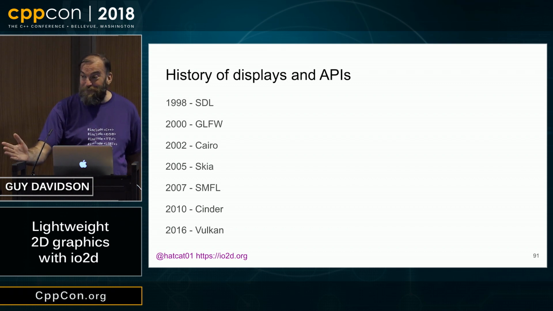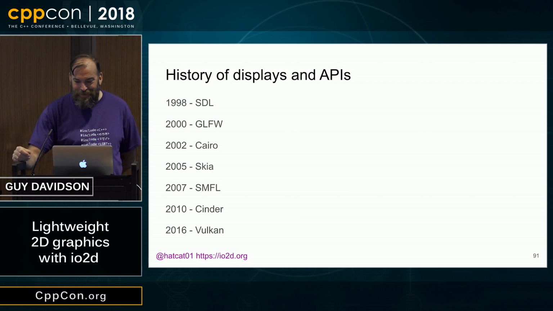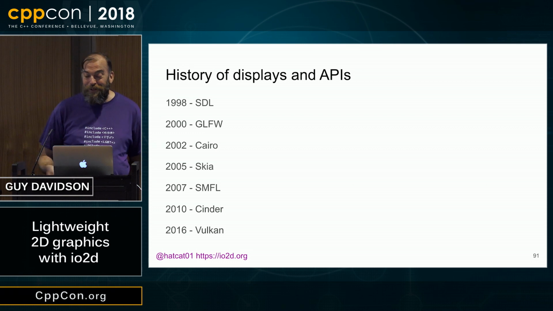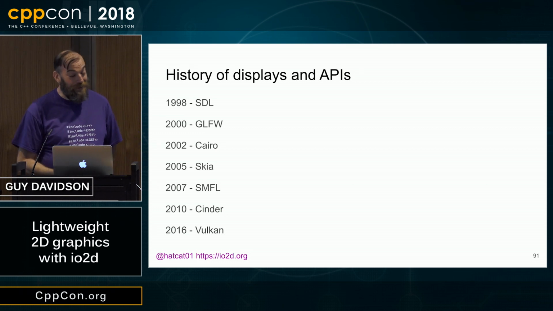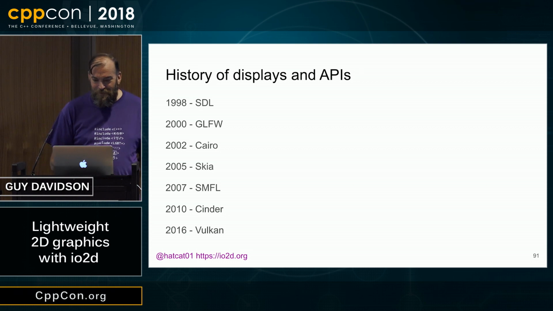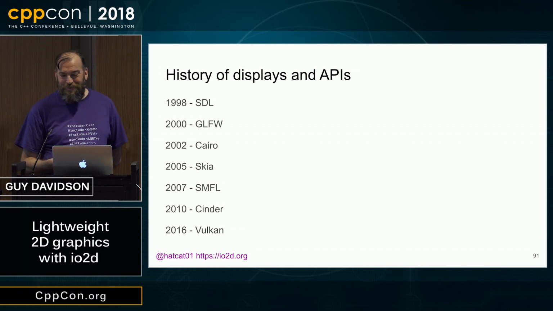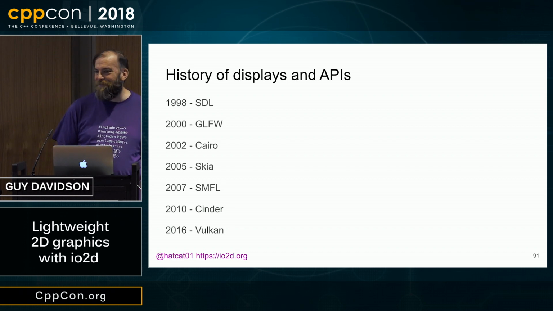Some of these wrappers achieve widespread use. Anyone use SDL? 1998, that first appeared. This offered simpler access to drawing, as well as sound and I/O. GLFW, about 2000. Cairo, 2002. Skia, 2005. SFML, 2007.